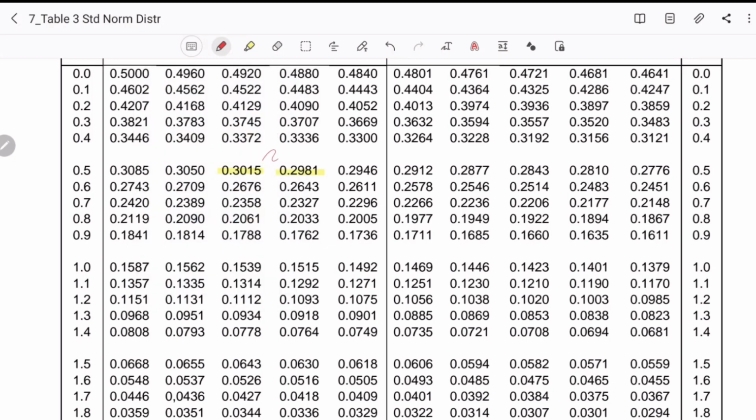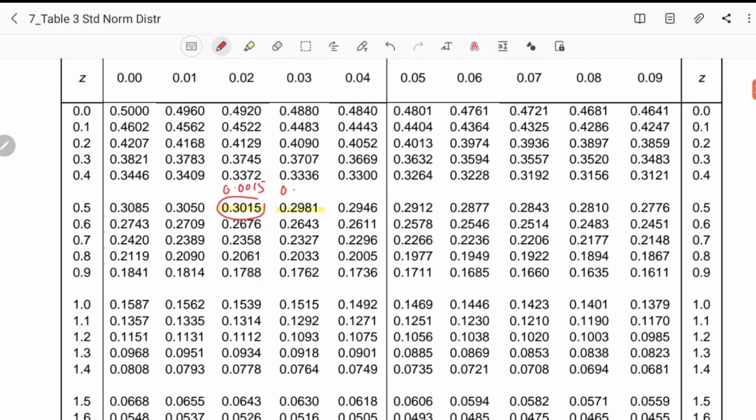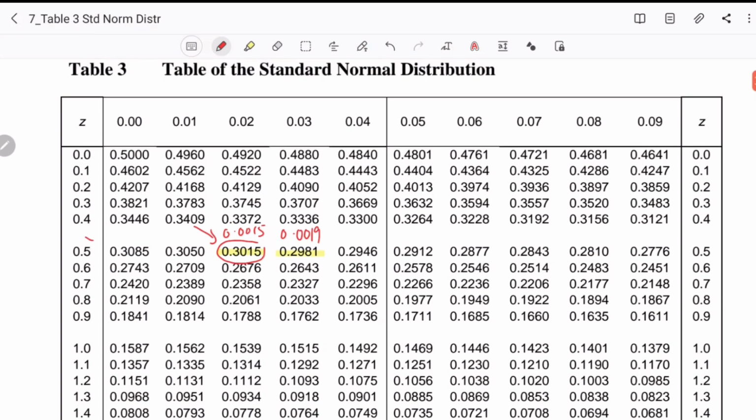The difference of this one with 0.3 is 0.0015. But for this one, the difference with 0.3 is 0.0015. So here is the closest one, which is the value Z greater than 0.52.